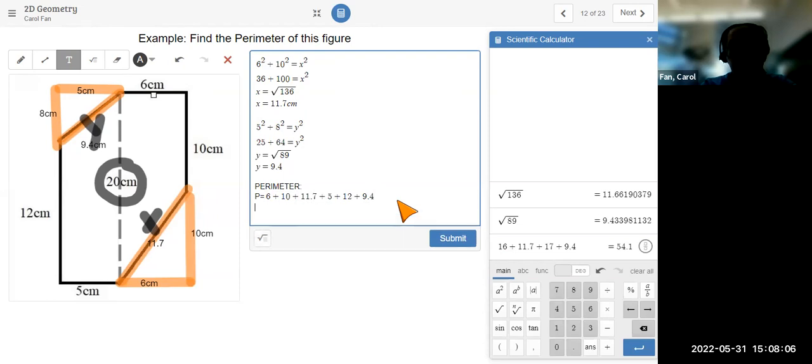So in total, we have P is equal to 54.1 centimeters.